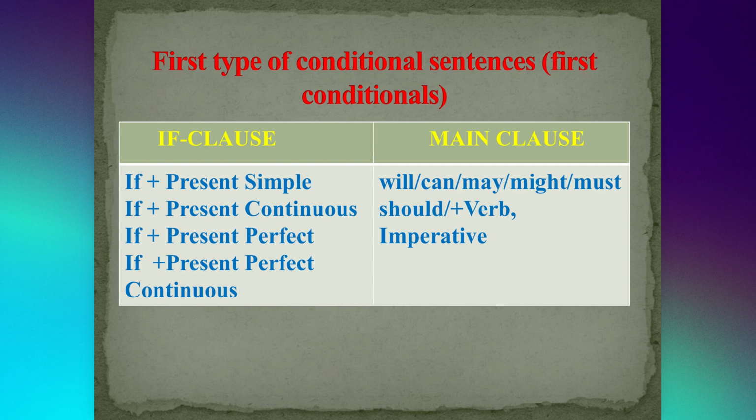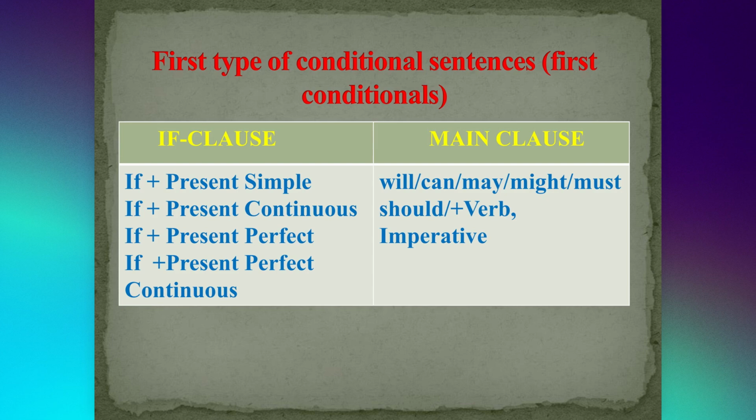If the subject is in the third person singular, we will use the auxiliary verb has. In other cases, we will use the auxiliary verb have, plus past participle. Past participle means that if the verb is regular, we will use the ending ed. If it is irregular, we will put it in the third form of irregular verbs.